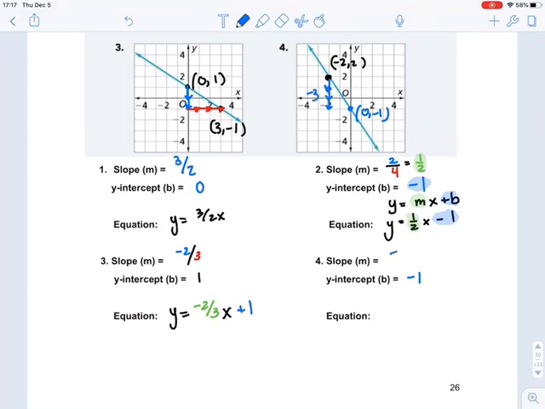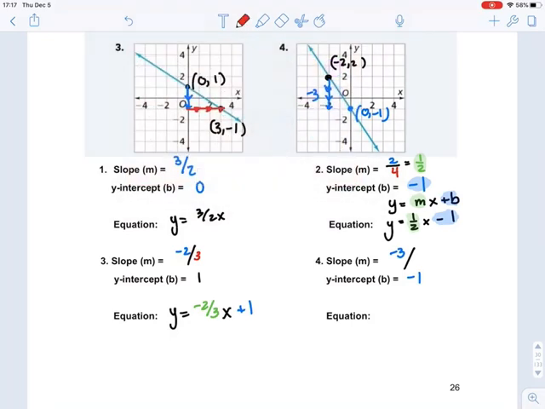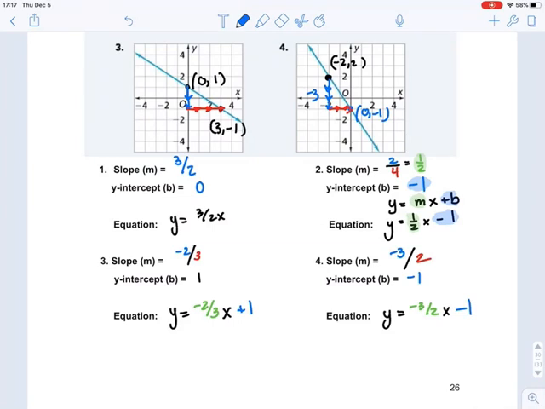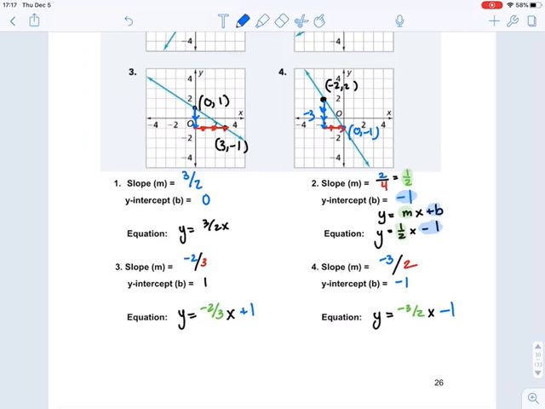So my slope is -3 over our run value, which is 1, 2, +2. So our equation should be y equals -3 over 2 x, and then my b value, which should be -1. Okay. That is from a graph, and that's something you should be very, very comfortable with.